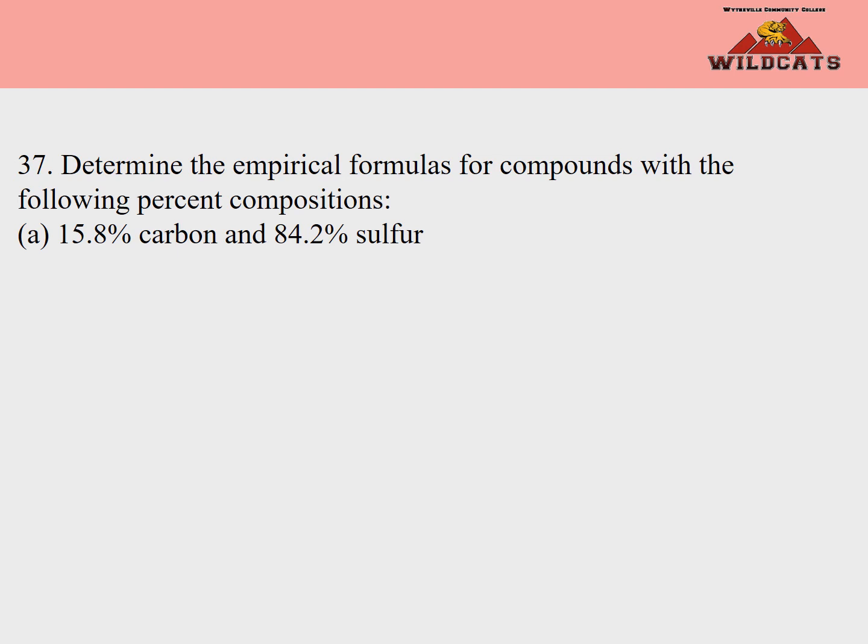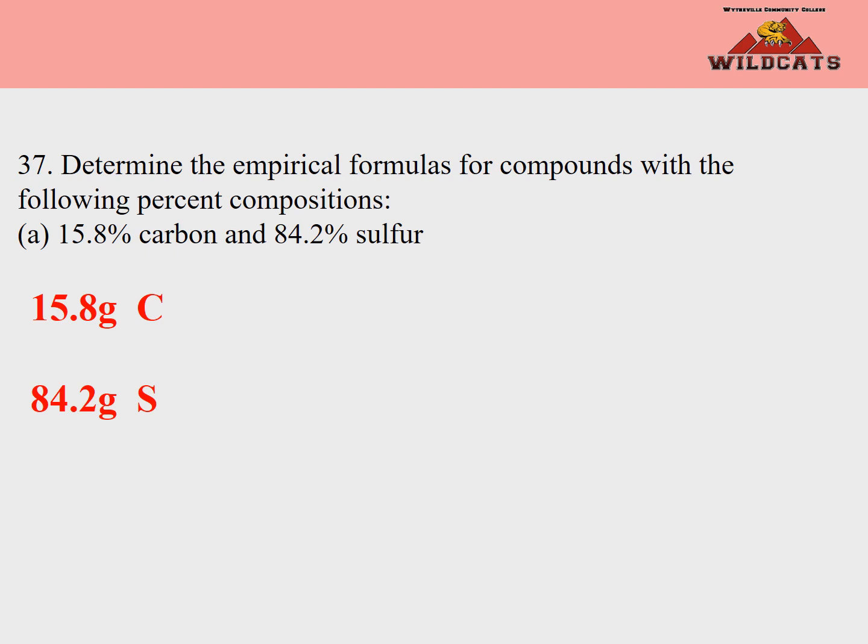Now I'm going to find the empirical formula because you notice it's given us our percents. Remember, the empirical formula is the simplest whole number ratio. So to find that, of the moles, we need to use the grams. But remember, we just said, assume you got a 100-gram sample, and 15.8 grams of it would be carbon, and 84.2 grams of it would be sulfur.